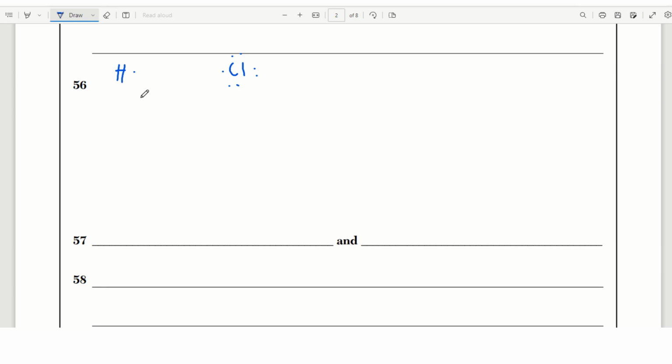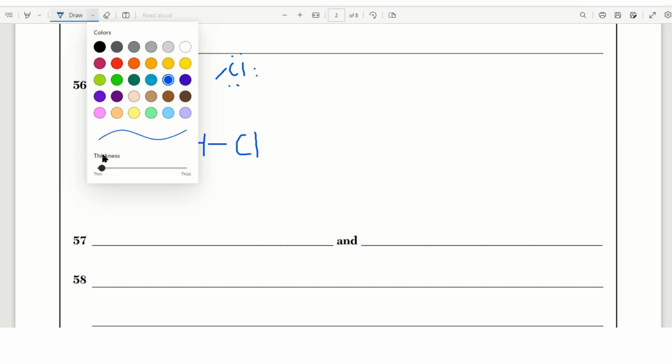Now I need to put them together into a molecule. So I'm going to take H and I'm going to bond it to Cl. And that took care of this and this electron. So what I need to do is draw the already paired electrons around chlorine. Okay, so I'm just going to thicken this up so I can make the dots a little easier.